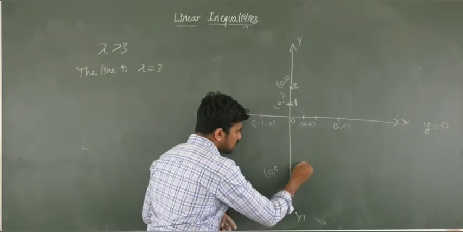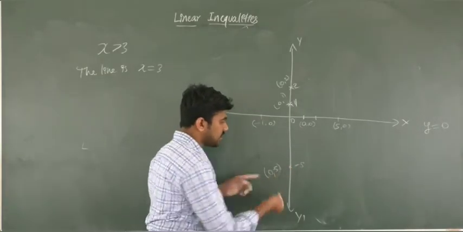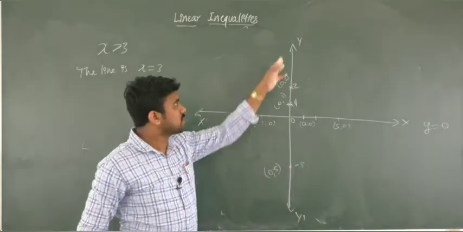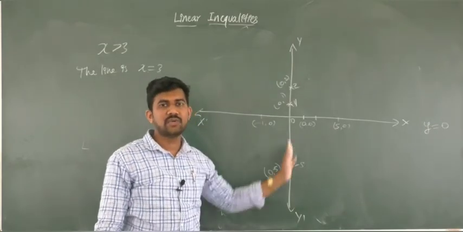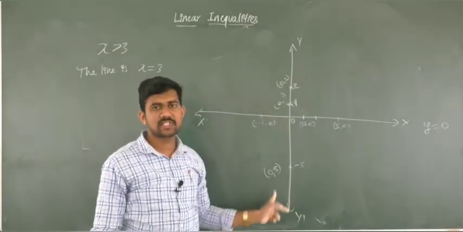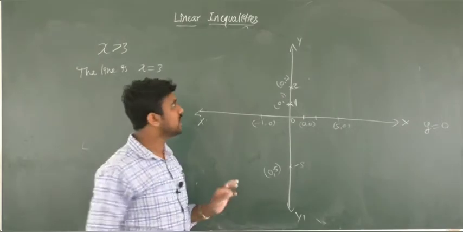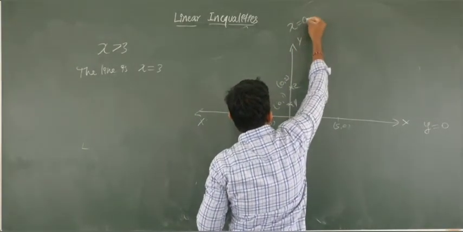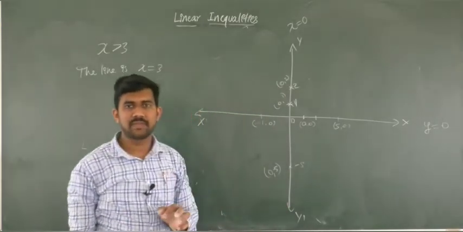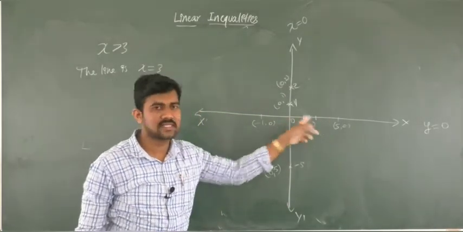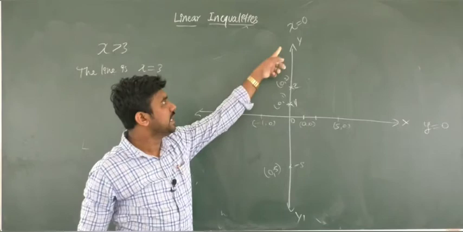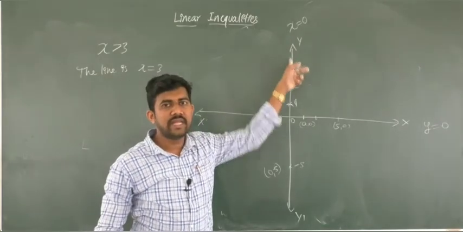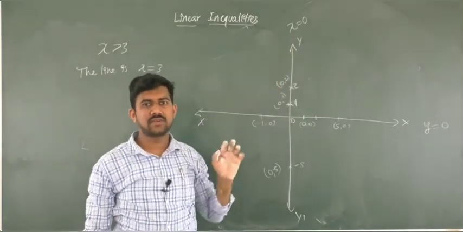So if you consider any point on the y-axis, its x coordinate is 0. That's why the equation of the y-axis is x is equal to 0. Equation of the x-axis is y is equal to 0. Equation of the y-axis is x is equal to 0.